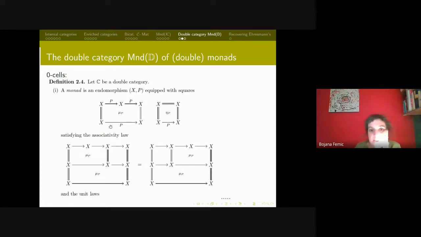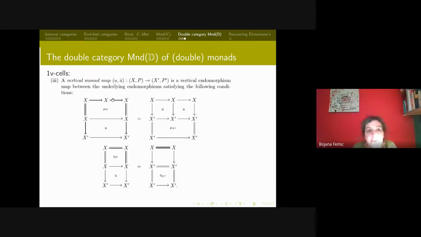And now the whole square is this mu, and similarly the arguments go for eta, so that mu satisfies associativity and also eta satisfies the unitarity with respect to mu. So I just wanted to show you that you can also draw these axioms for monads that I wrote with string diagrams. You can draw them with these diagrams for double categories.